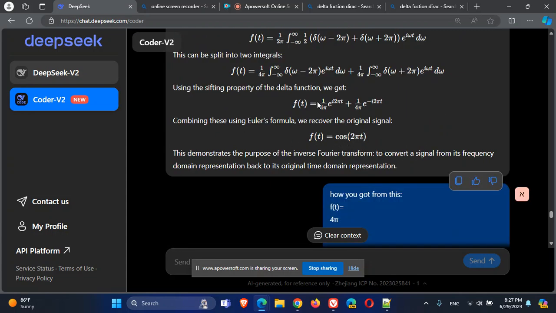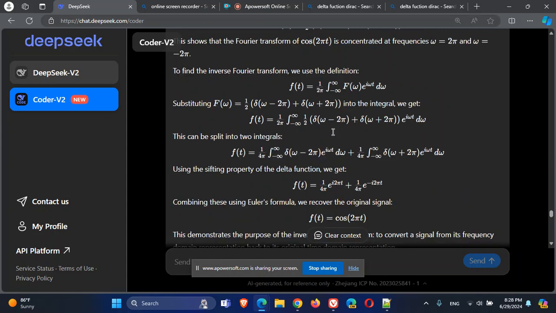The coefficient will be divided by 2 pi, but we will ignore this, because I'm not going to work on the coefficients, since different conventions for the Fourier transform have different coefficients. So let's ignore the coefficient a little bit. This is the convention we use, and this is the formula for the inverse Fourier transform to get from the frequency domain back to the time domain.